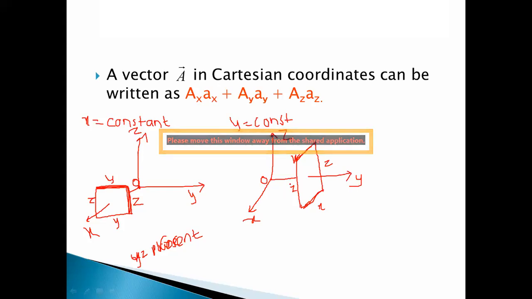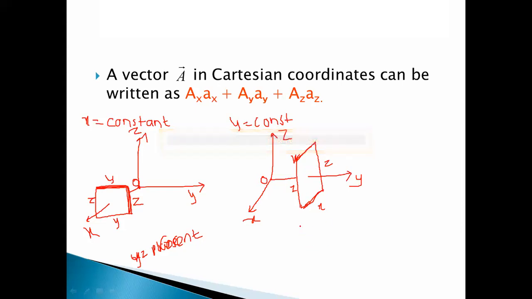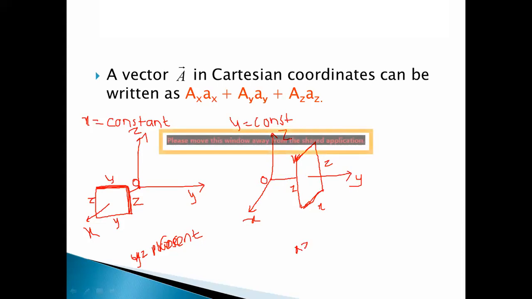So this is your x, and this is representing your x and z coordinates. x and z coordinates are present there. Now the third, that is z is equal to constant.